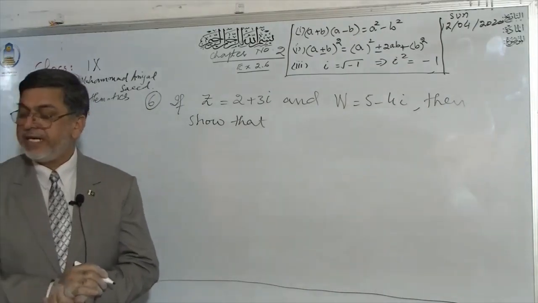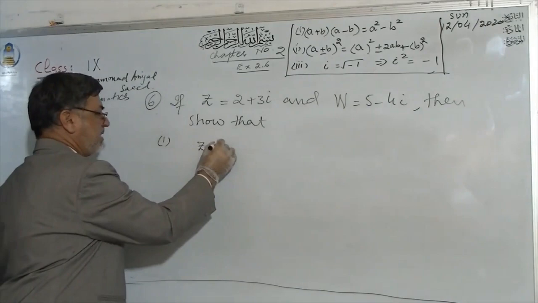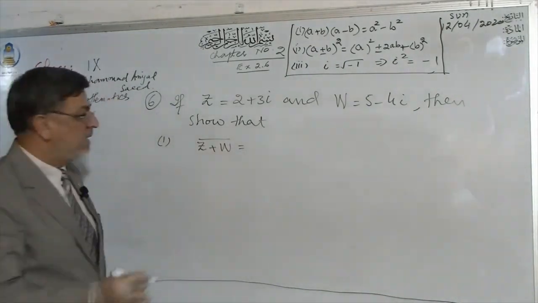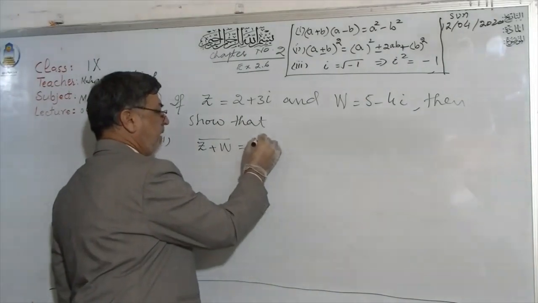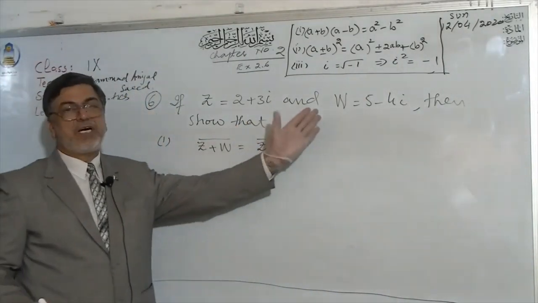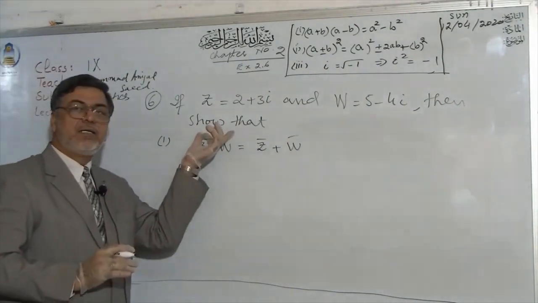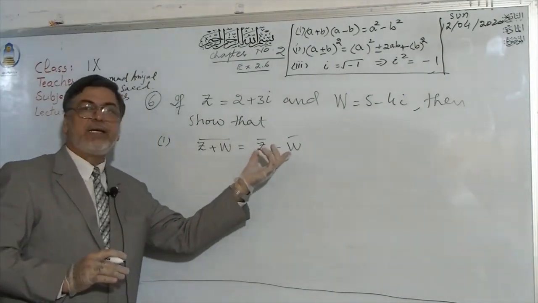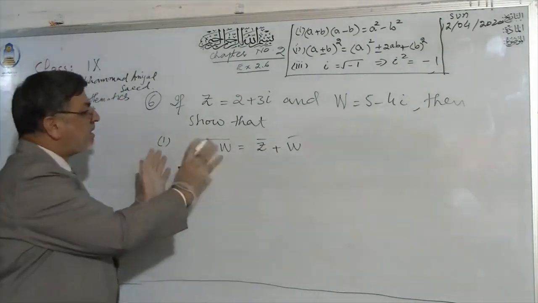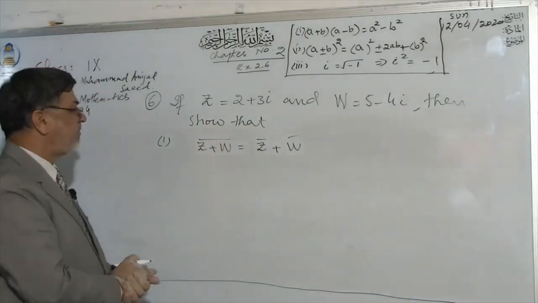For example, part number 1: (z plus w) whole bar is equal to z bar plus w bar. Remember that this bar means conjugate of a complex number. This is a whole bar, and on the right hand side we have separate bars, but the answer must be the same from left hand side and right hand side.